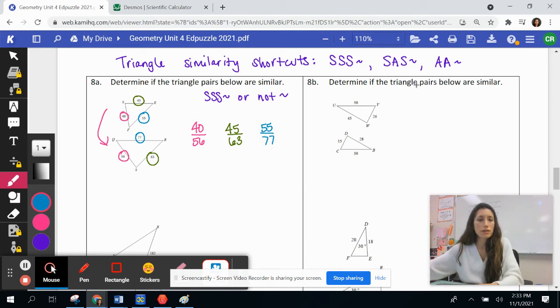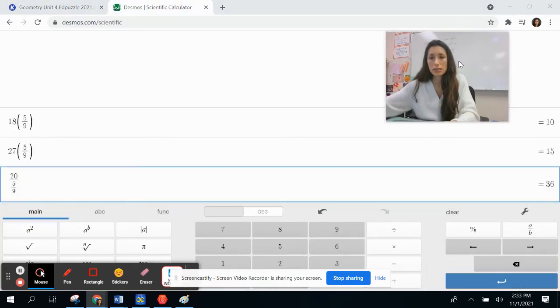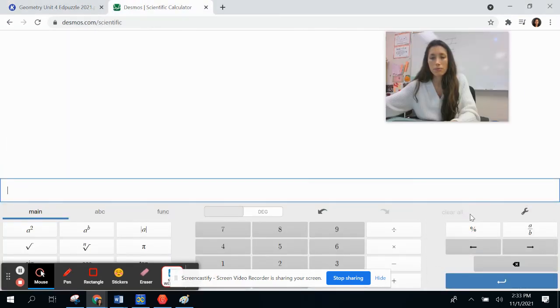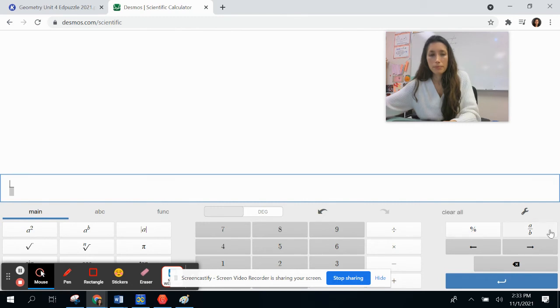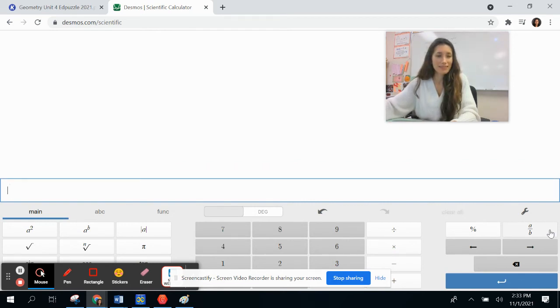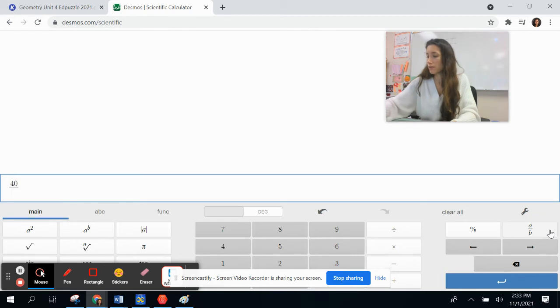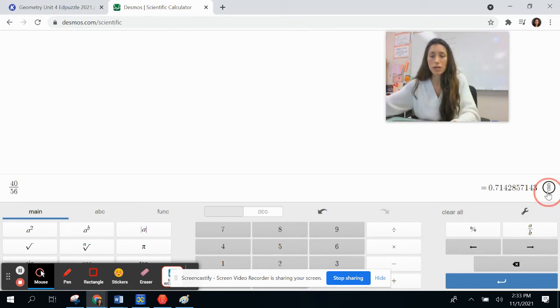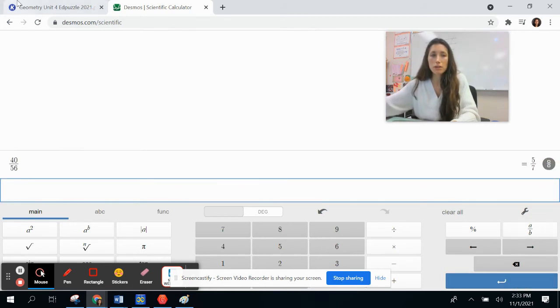Okay, so we're going to divide this on our calculator, 40 over 56. There's our first one. And you can leave it as a fraction if you want as well.